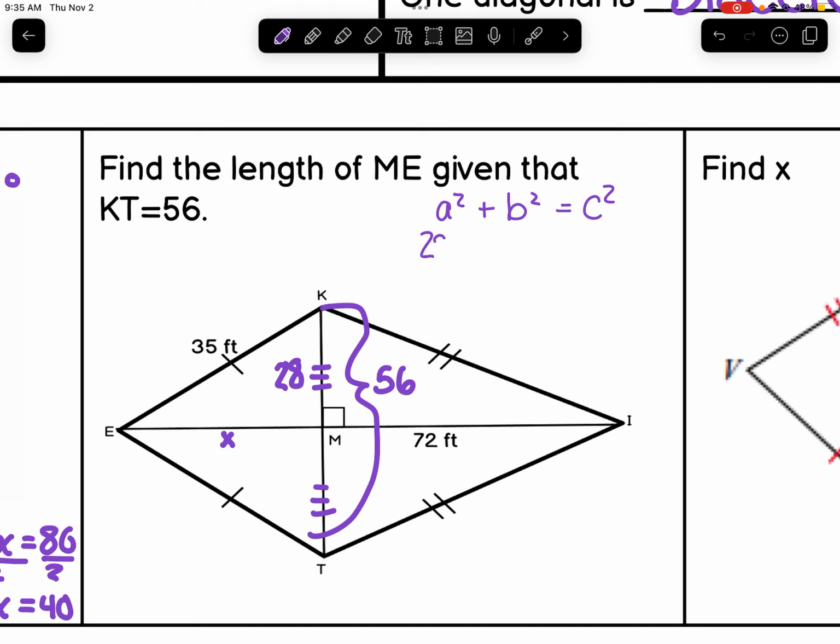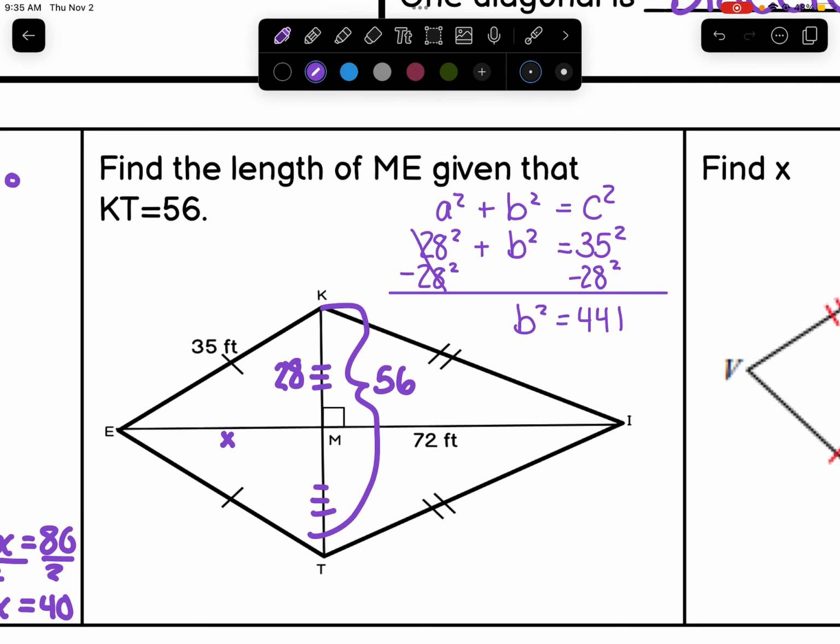We have 28 as our a plus our b squared, because we're looking for a leg, equals 35 is our c squared. We're going to subtract 28 squared from both sides. We always subtract whenever we're finding a leg. And we get that b squared equals 441.